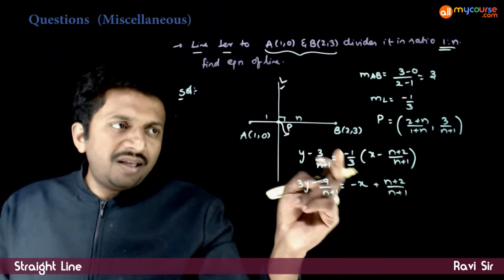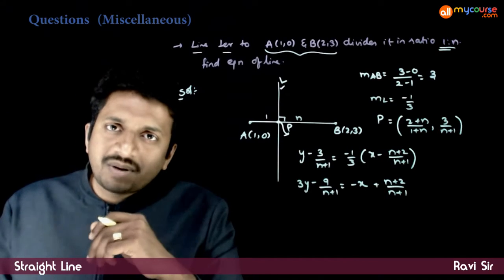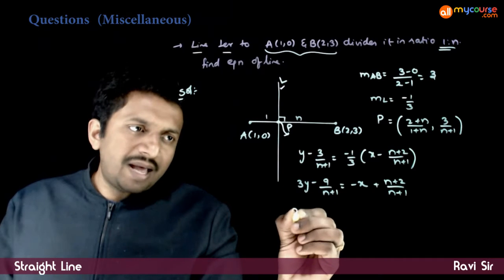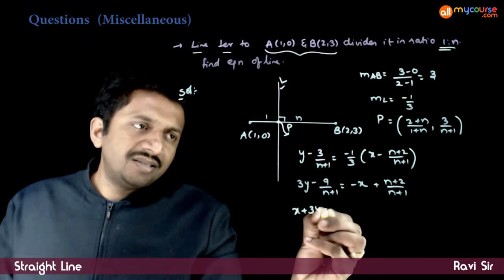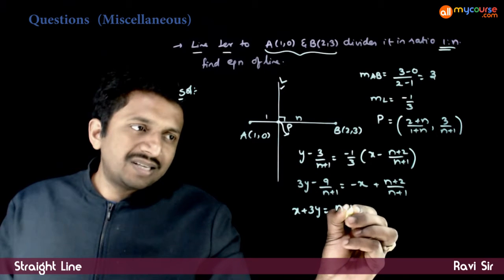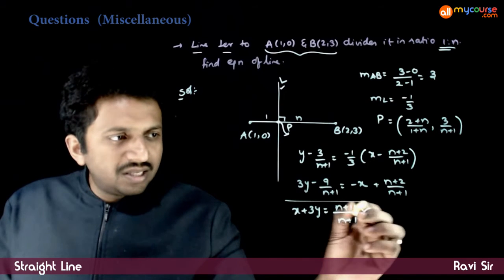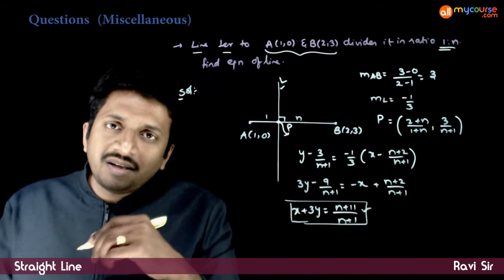So x plus 3y is equal to (n plus 2 plus 9), that is (n plus 11) by (n plus 1). So this will be the required equation.